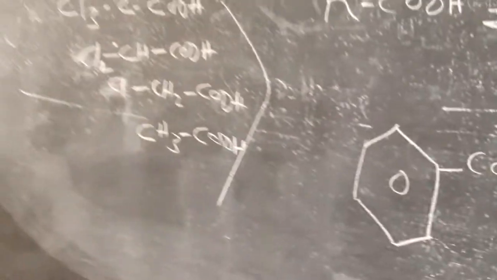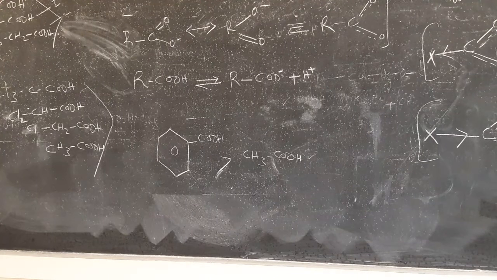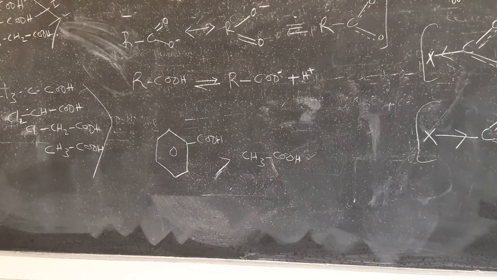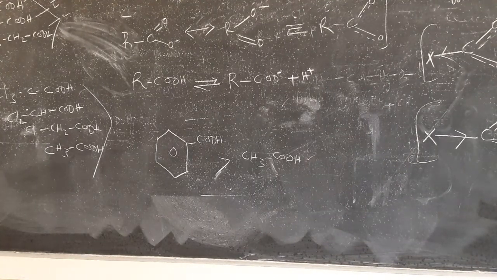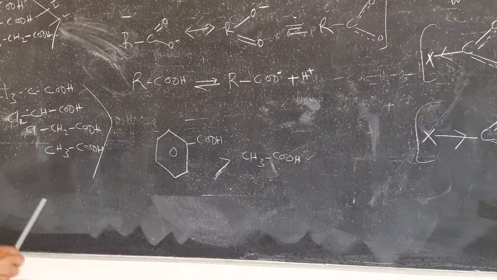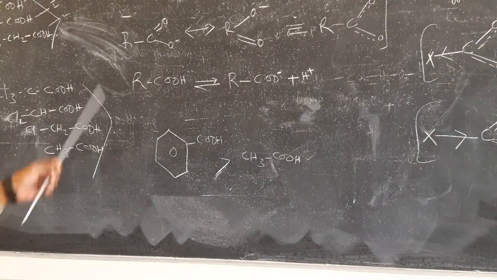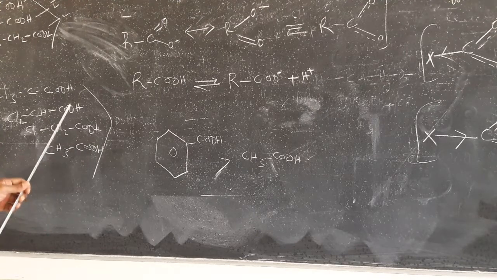There are many more examples in these cases. In the syllabus book, many examples are given. I will take the different examples one by one. But in today's class, I wanted to show you some of the examples, only aliphatic acids and some of the other acids: chloroacetic acid, dichloroacetic acid, trichloroacetic acid.